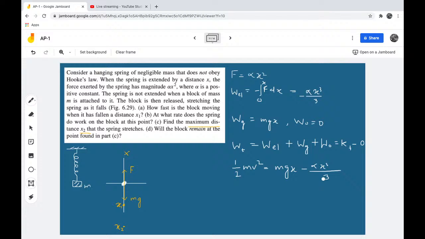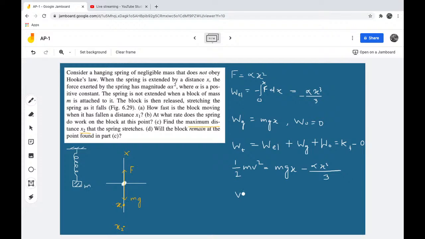Now you have been asked to find out the velocity at x1. So you can see that's a very straightforward thing. You put x1 here, you put x1 here, you calculate it for velocity. So if you do that, you will get it very easily.